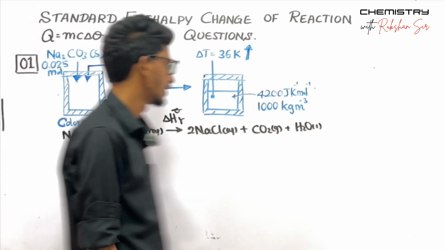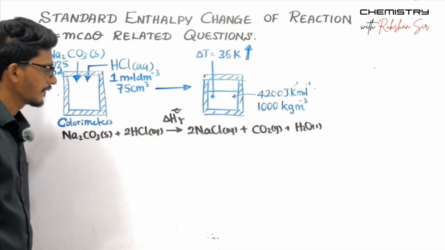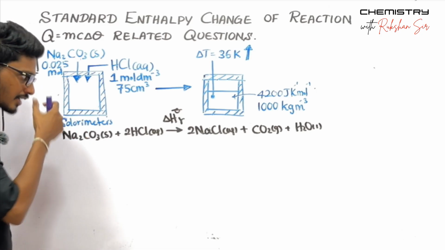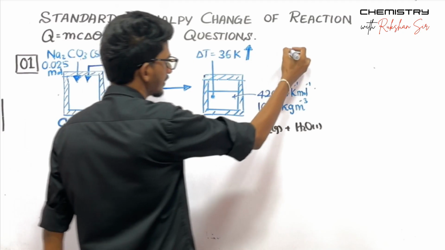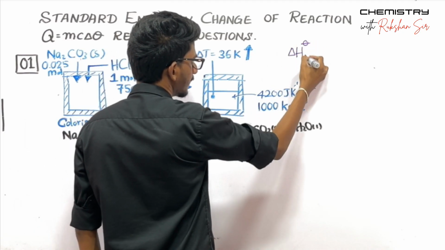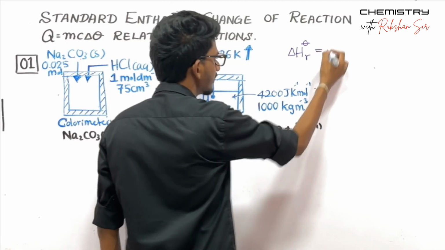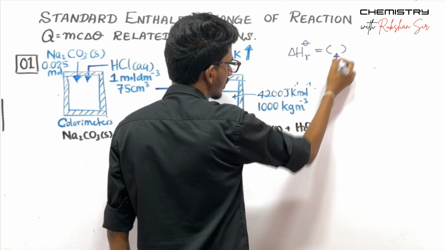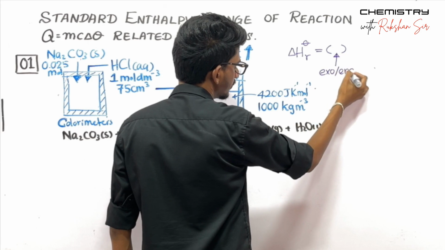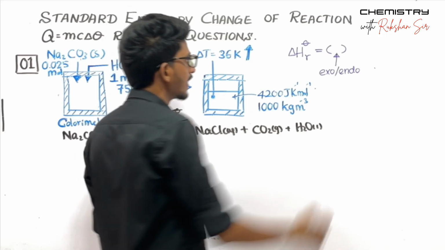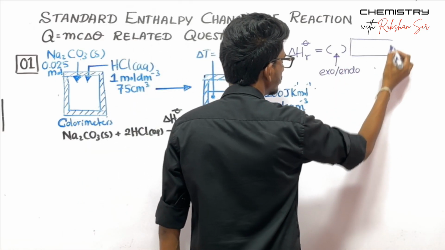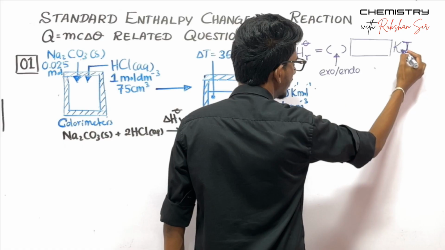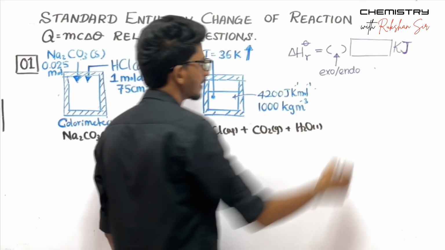Let's solve it. When you represent delta H naught R, it will carry a sign, which shows whether the reaction is exothermic or endothermic. Then it will carry a value in kilojoules, the magnitude of the heat change.